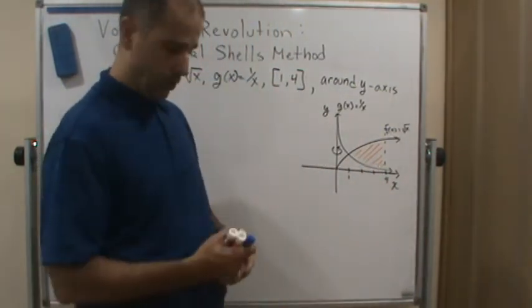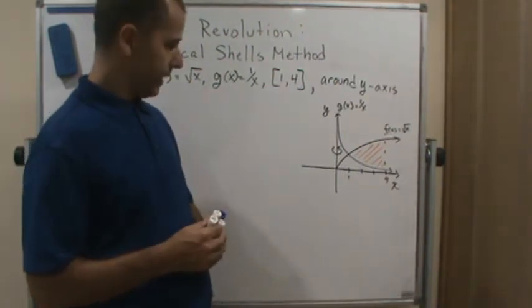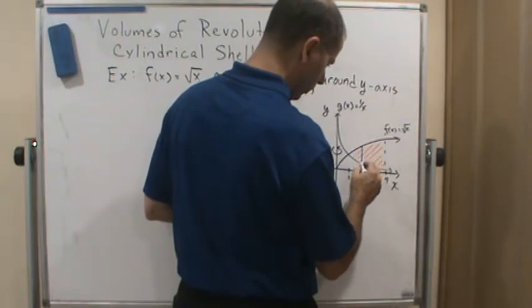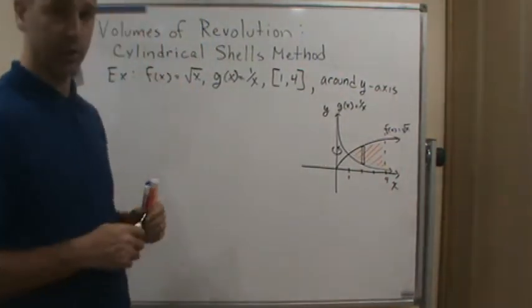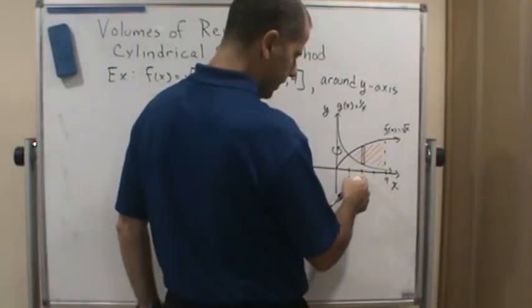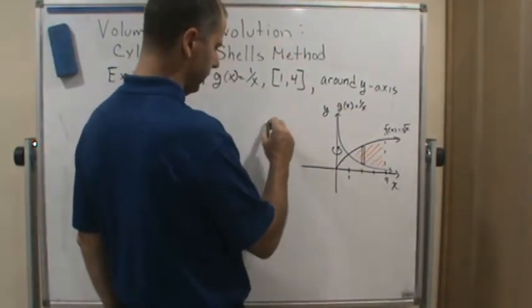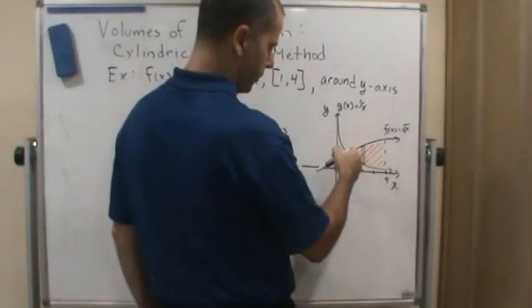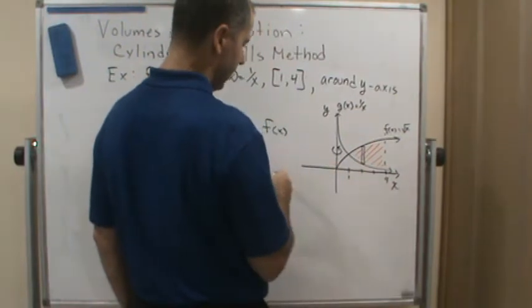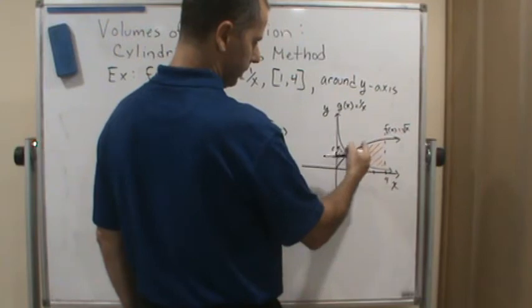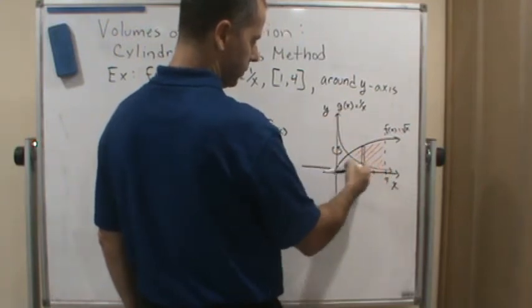Okay, so now the only difference is that our rectangles go from the top function to the bottom function. So instead of our height of a rectangle normally being f of x, which measures the height above the x-axis, now it's going to be the height of f of x minus the height of g of x.